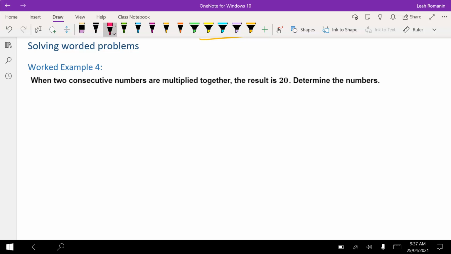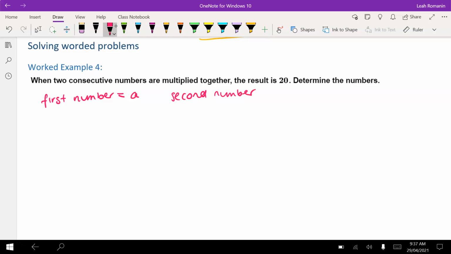So, two consecutive numbers are multiplied together and you get 20. You need to determine the numbers. So, what you need to do is define your variable. You can't solve without a variable. So, I'm going to say that my first number, if you want to do A and B, let's pick A. My first number is going to be A, which means that my second number, and I don't want to use another variable because at the moment I don't know how to solve for two variables at one time.